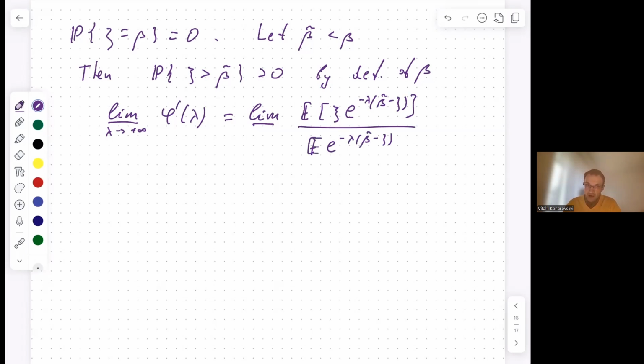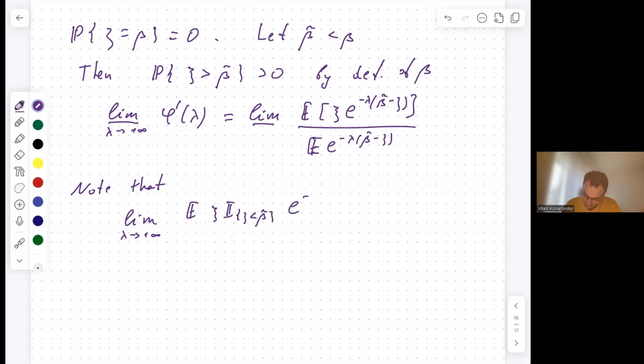And now I want to remark that, note that the limit when lambda goes to plus infinity of the expectation of xi, the indicator that xi is less than beta tilde, e to the power minus lambda (beta tilde minus xi).